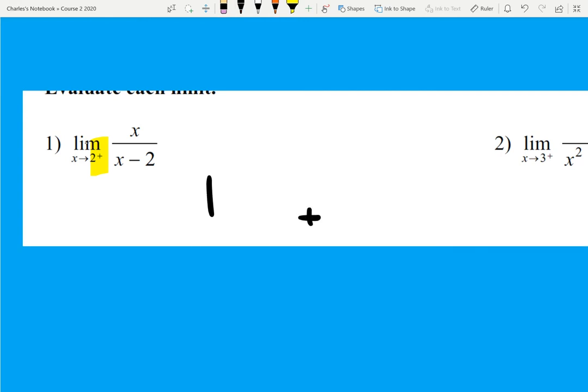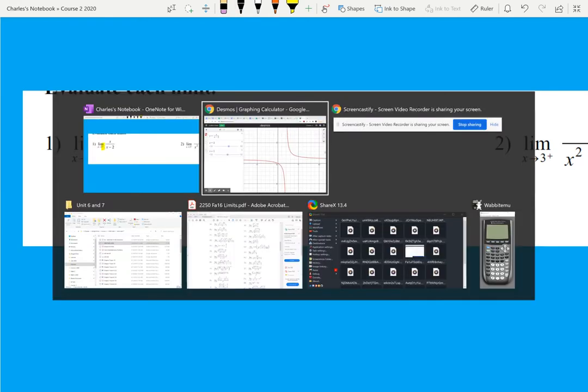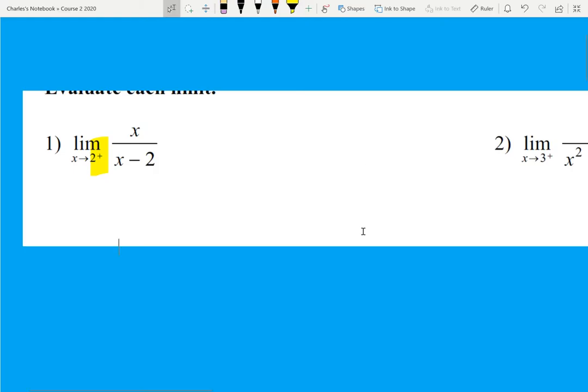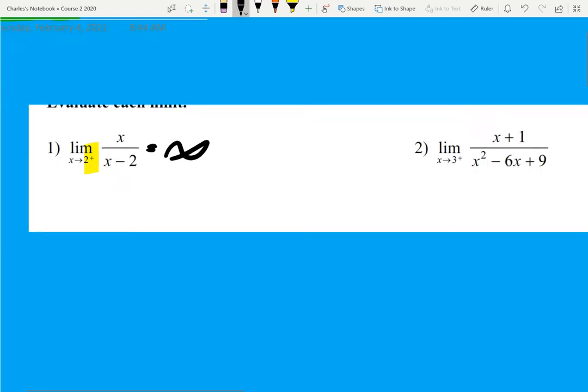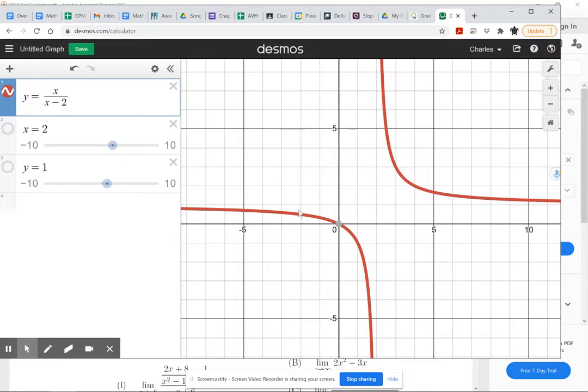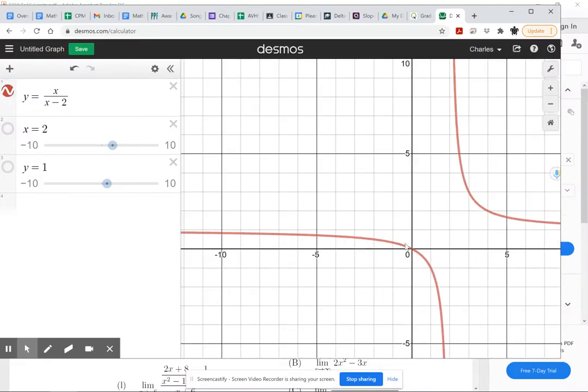So that plus side means as I approach it from the right. And in this case, as I approach it from the right, I'm traveling up this way. As I get closer and closer to 2, I'm approaching positive infinity. So this case would be positive infinity. If it said from the minus, notice that as I approach it from the left, it approaches negative infinity.